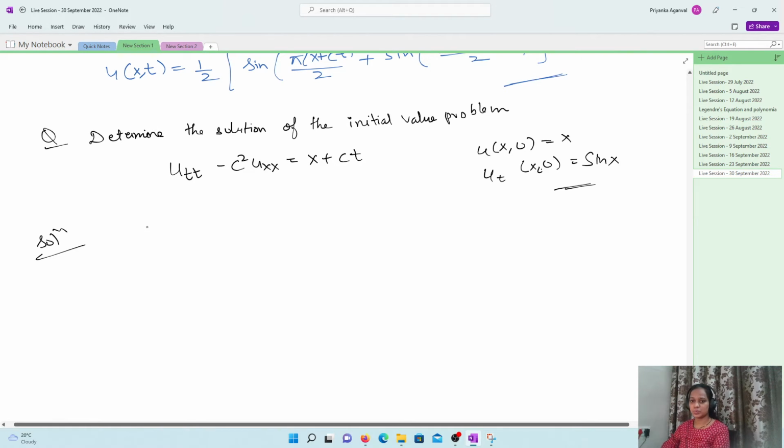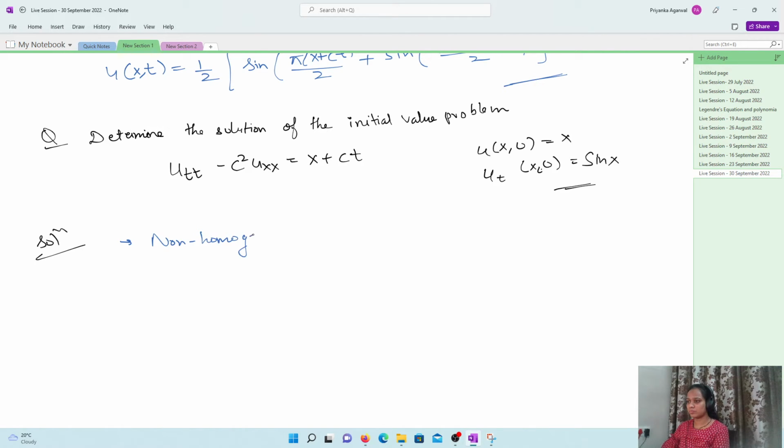Now to solve this problem, we know that this is a non-homogeneous wave equation.